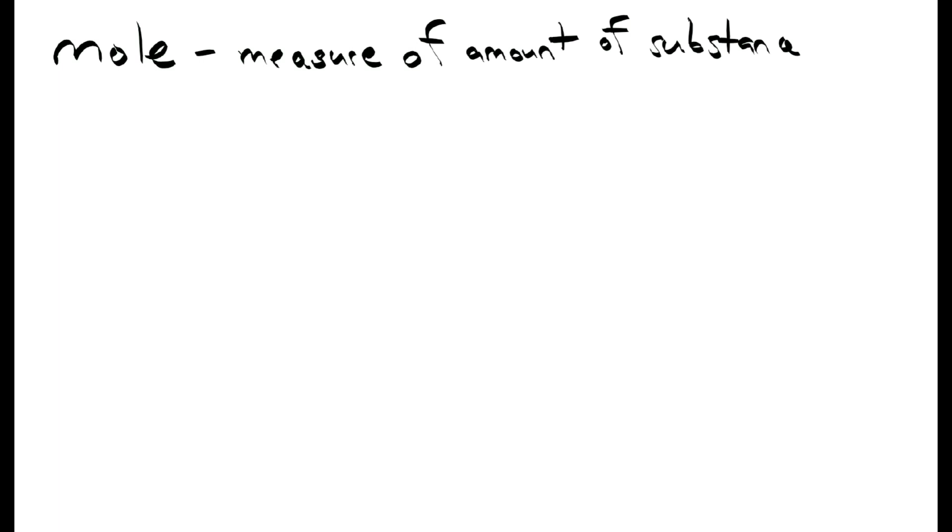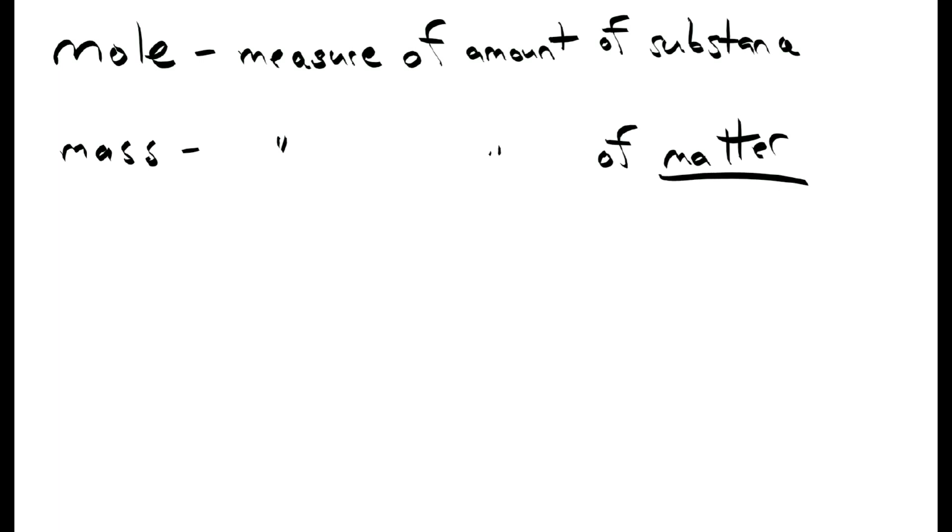So the mole is the measure of the amount of substance there is. Okay? It tells us how many molecules are present, or how many atoms, or how many ions, or formula units, or what have you. Whereas mass is the measure of the amount of matter that's present.